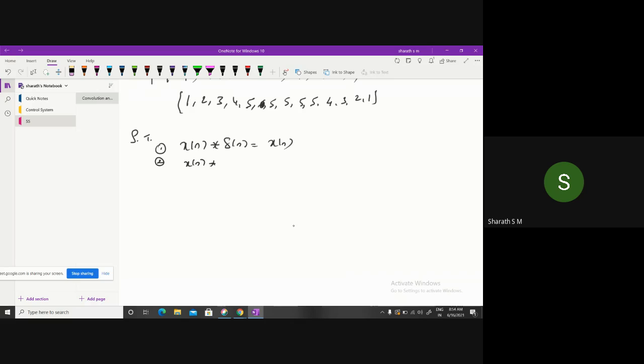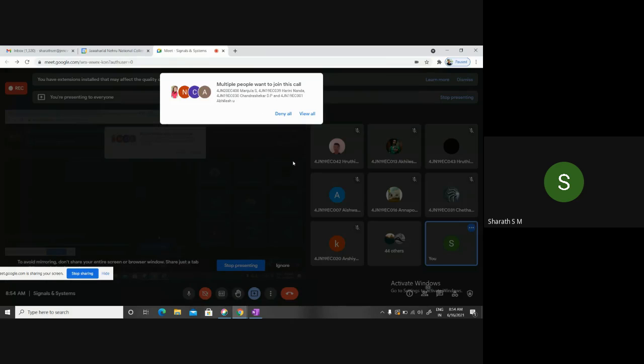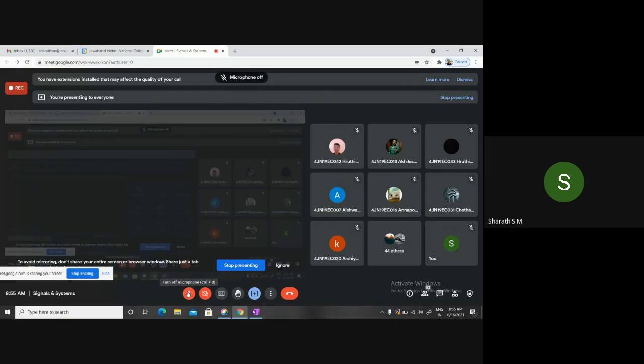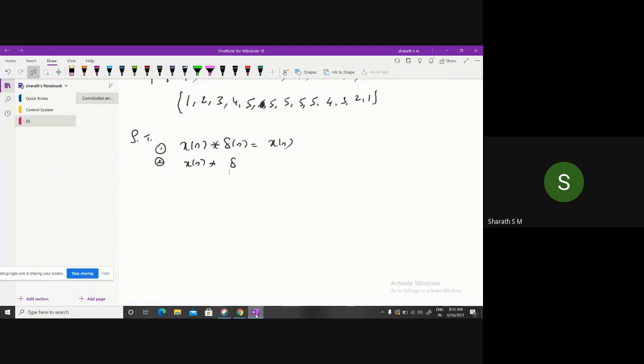Second one, x of n convolve with delta of n minus n naught is equal to x of n minus n naught.